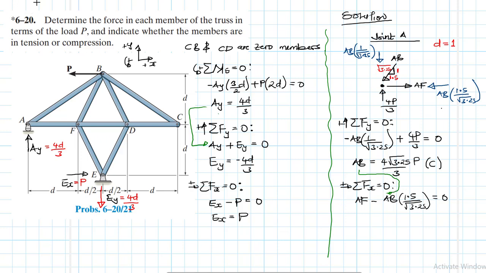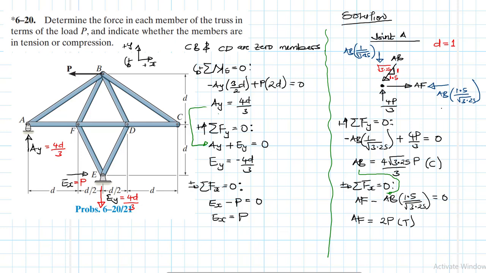And when we've done so, you're going to realize that AF is equal to, the roots cancel, the 1.5 cancels, therefore this gives us a 2P, which is assumed in that same direction in tension.